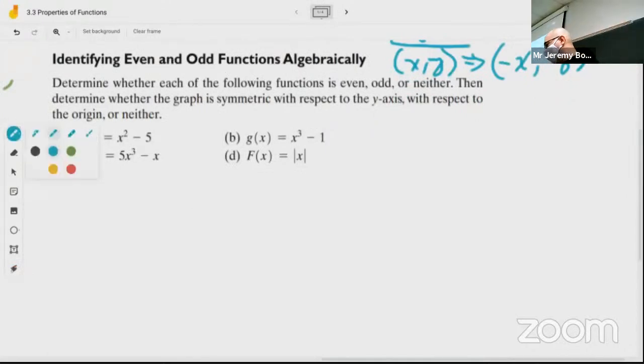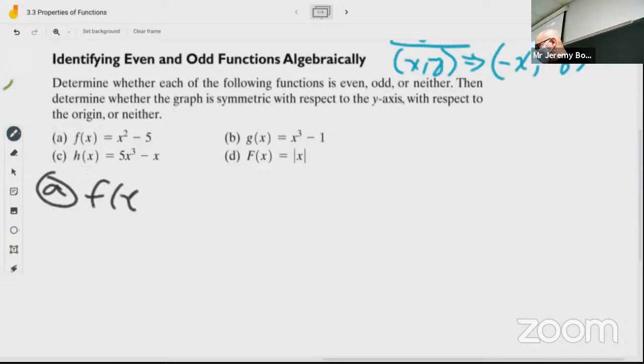So A, I should have spaced these out. I guess I got lazy. We got f of x is equal to x squared minus 5. We want to check to see if it's even or odd.